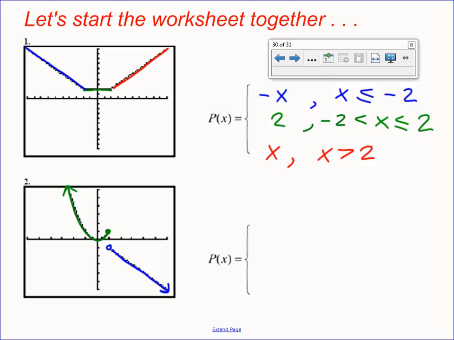The tick marks are by ones. It's just 2 pieces, guys.